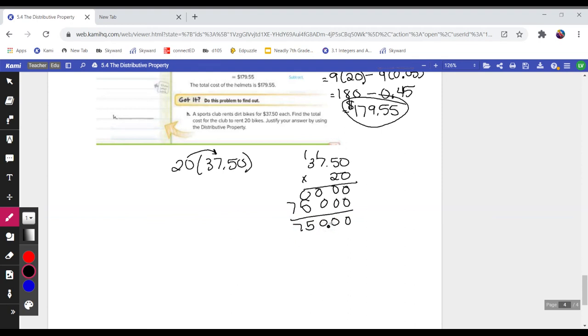So this is going to cost you $750 if you rent 20 bikes.